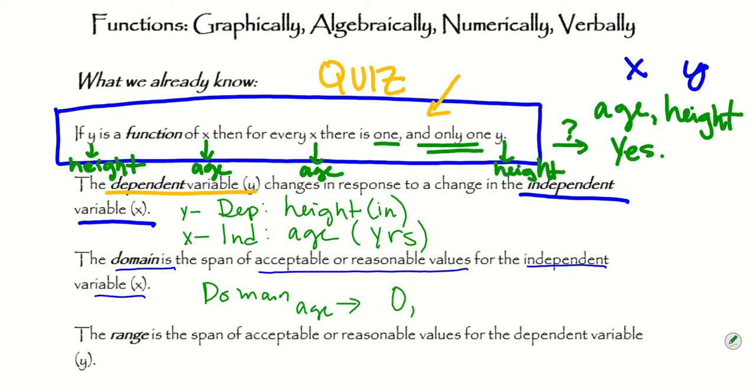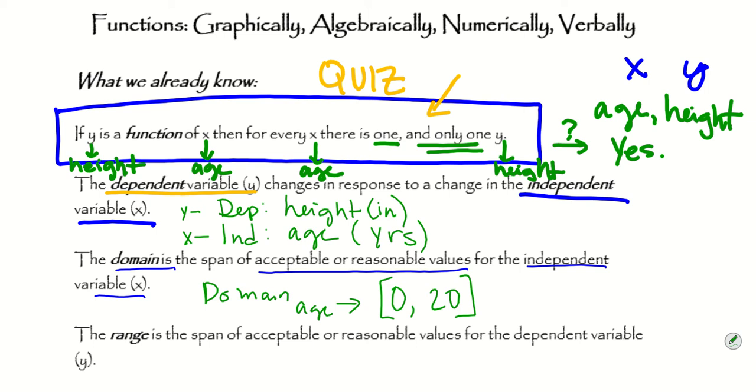At 0, the day you're born, you had height or length, up to maybe 20 years old. In interval notation, we would say that the domain is 0 to 20. I ended at 20 because for most people, they reach full height at 20 years. Generally for males, for females earlier than that.